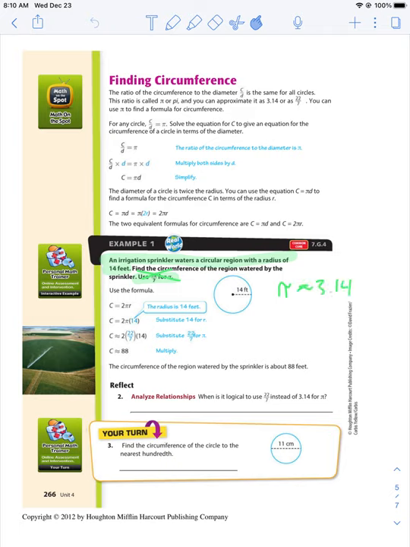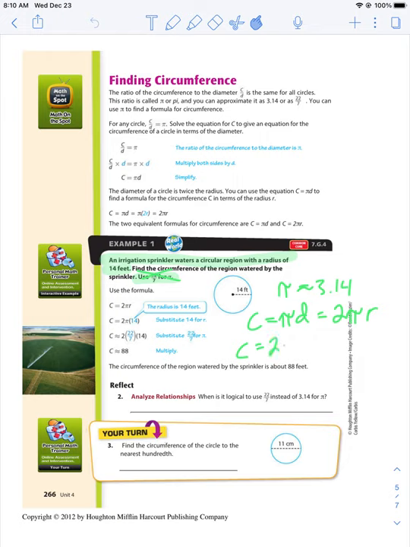All right, so knowing that the circumference is pi times the diameter, we also know that the diameter is twice the radius. So the circumference is also pi times 2 times the radius. So if the radius is 14, all we got to do is plug in 14.